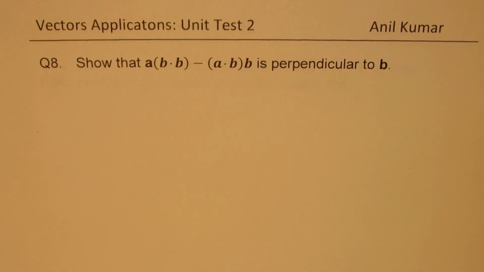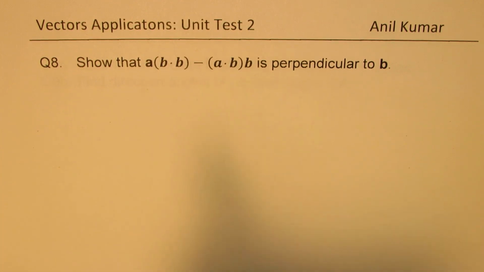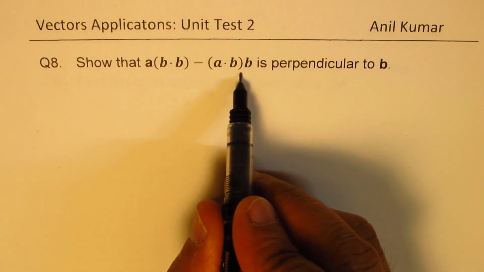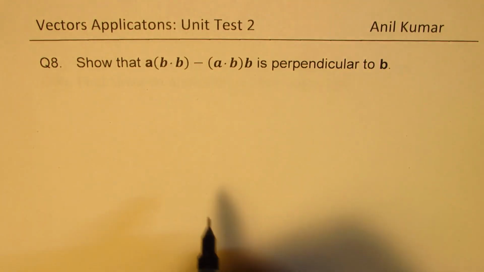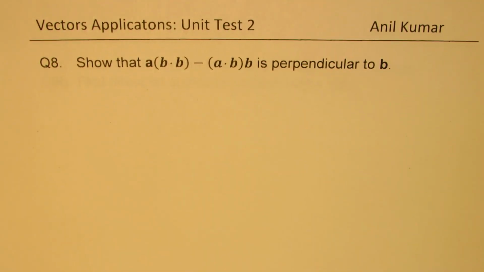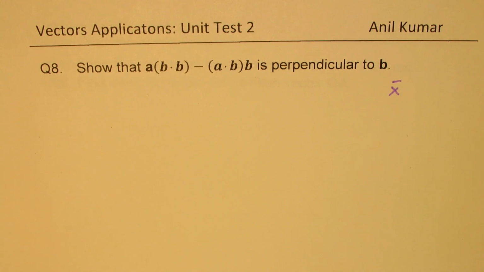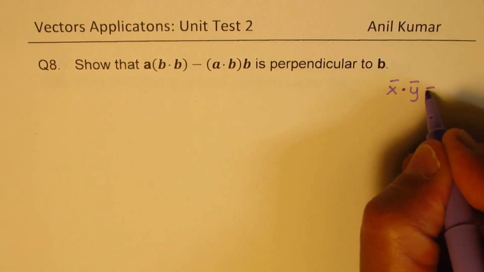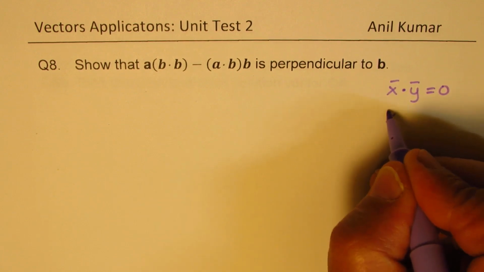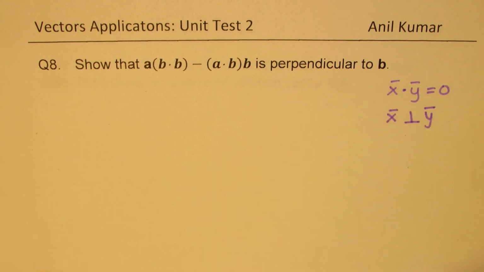Clear? Question number 8. Show that (A dot B) B minus (B dot B) A is perpendicular to vector B. Now, if you have to prove that two vectors are perpendicular, let's say we have vector x and vector y. If their dot product is equal to 0, then the vector x is perpendicular to vector y, correct?